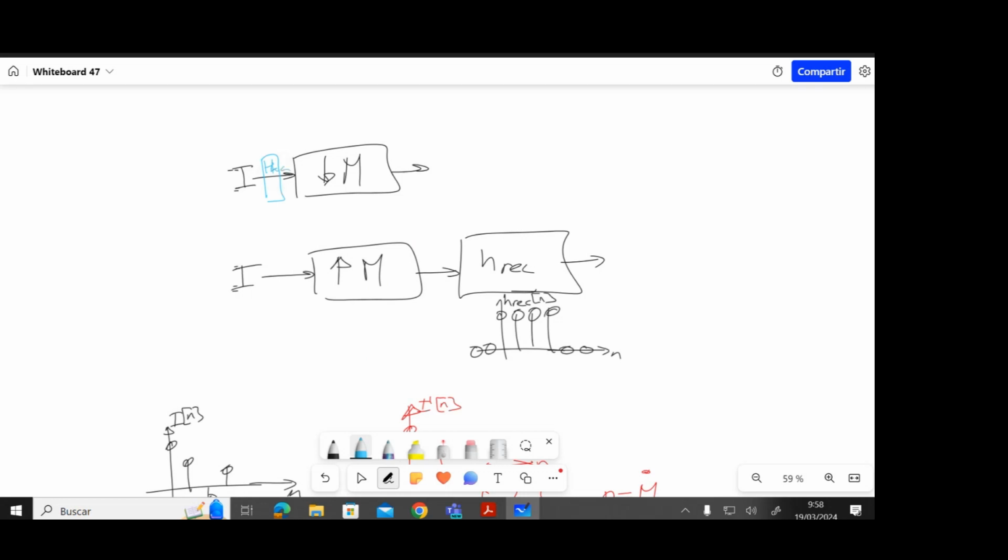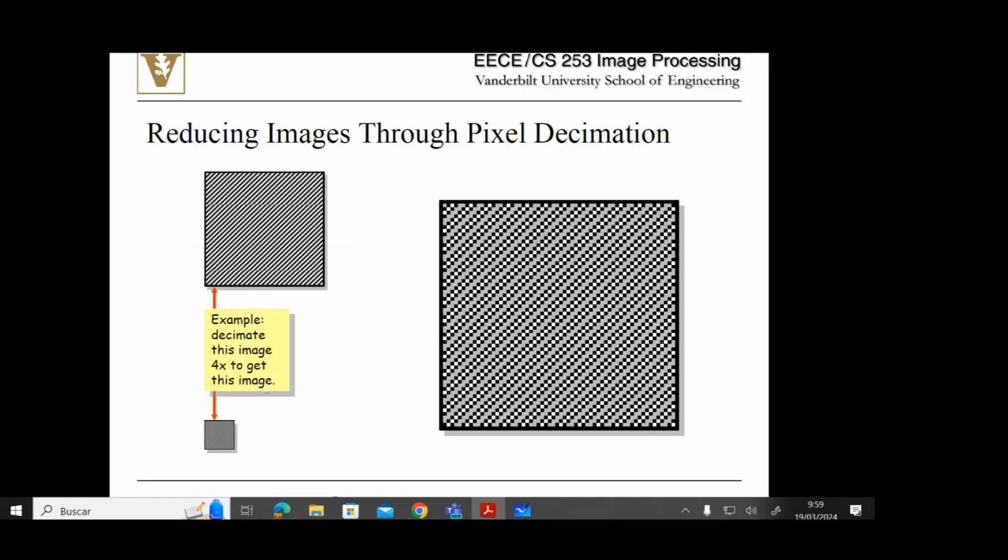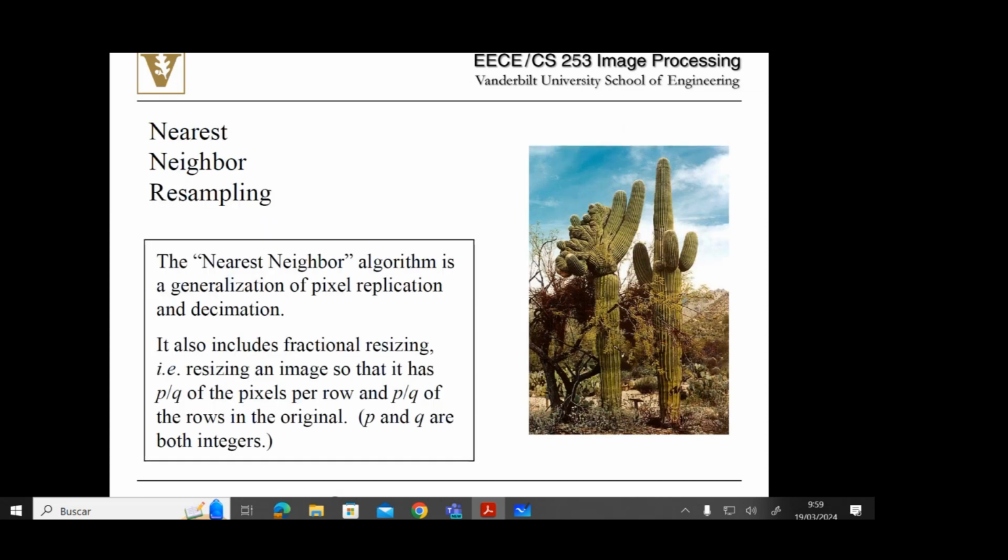So for the moment we haven't put it. The way it is explained in the slides, it is just the decimation, and this is called nearest neighbor.